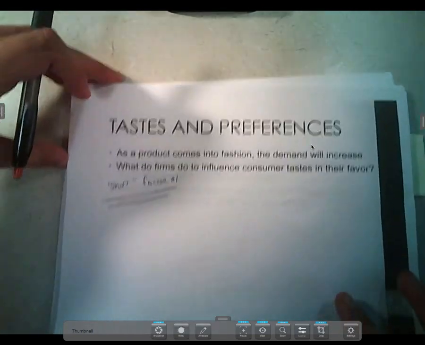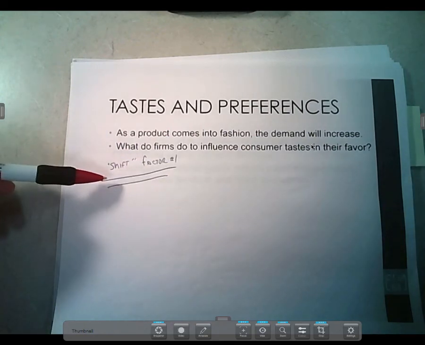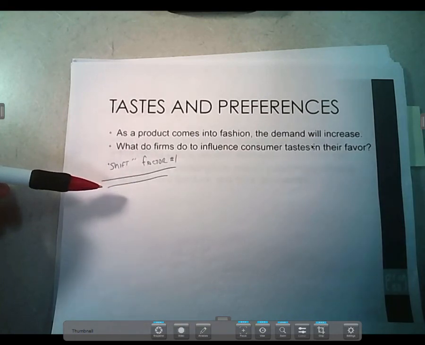Taste and preferences. It's a pretty easy one. Essentially what we're saying here is that one of the things that affects my demand for a product would be what my tastes and preferences are for that product.